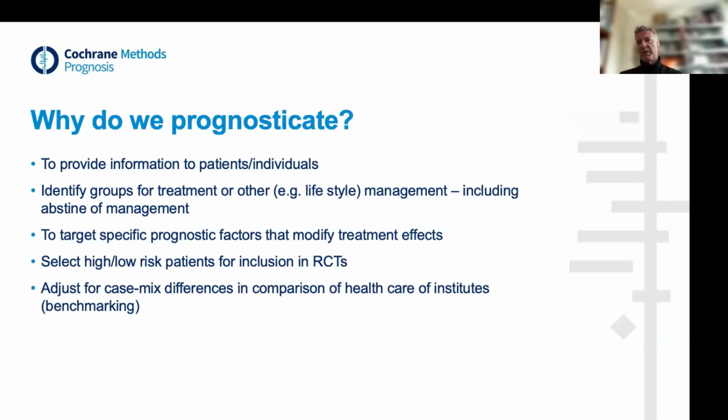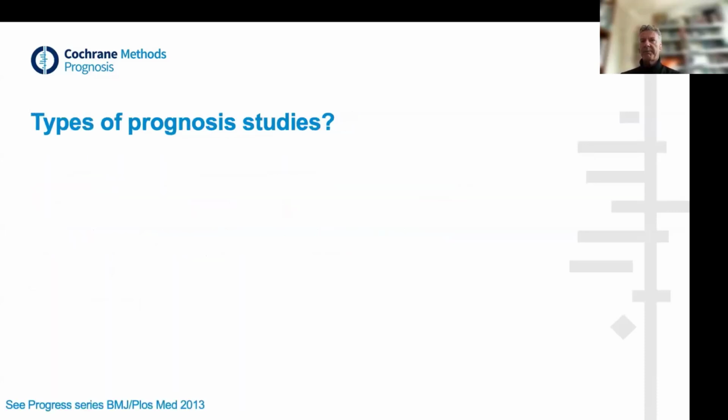It is also an important decision in medical care, particularly on ICUs, of course. To find specific prognostic factors that might modify treatment effects, to select high or low risk patients for inclusion in RCTs, for example, and also, not unimportantly, to adjust for case mix differences when we are comparing healthcare institutes.